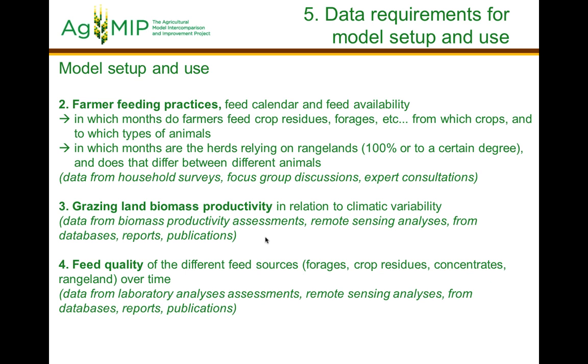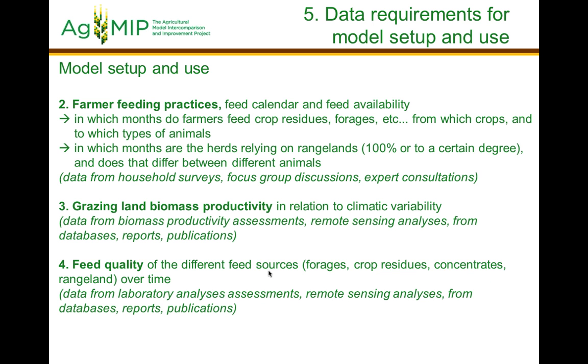Thirdly, we need data on grazing lands, on the biomass productivity from the grazing lands, and ideally we have that in relation to climate variability. And so this is data that could come from biomass assessments, maybe also from remote sensing analyses, and I can imagine you find that data in databases from your institutes, for example, in reports, in publications, and so on.